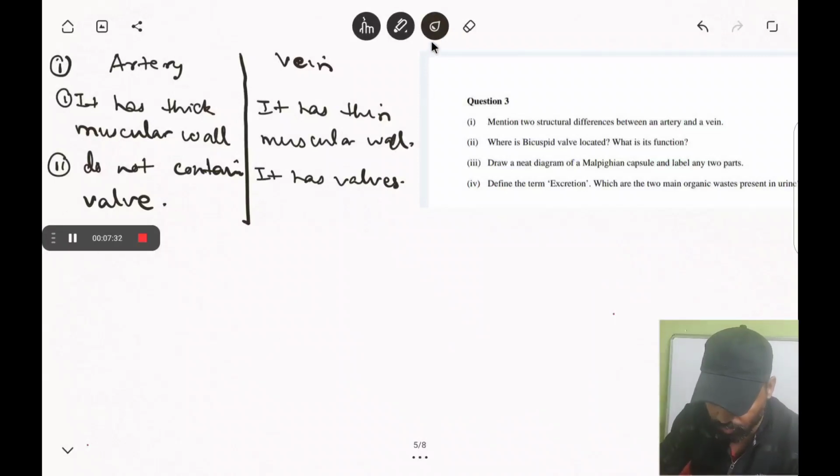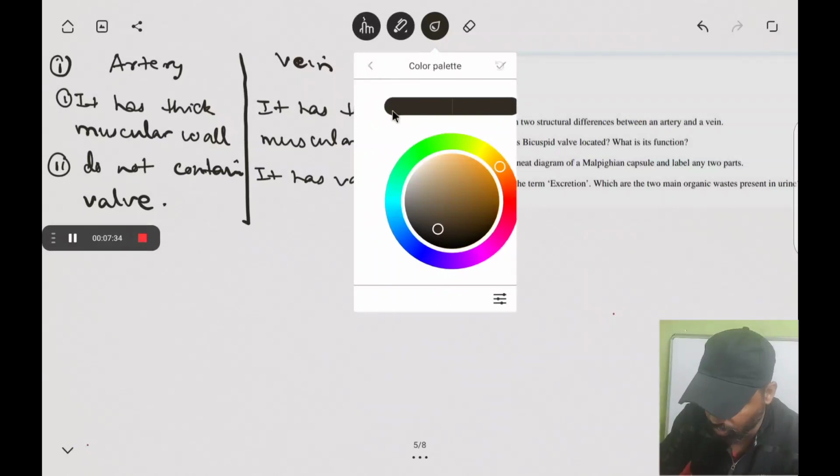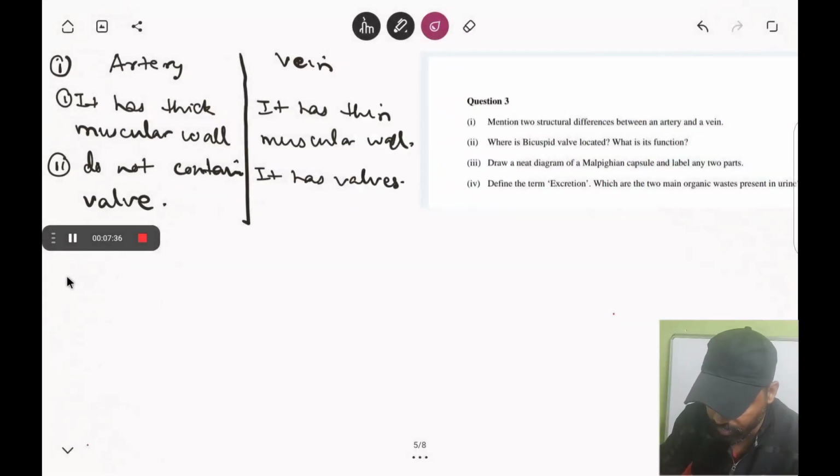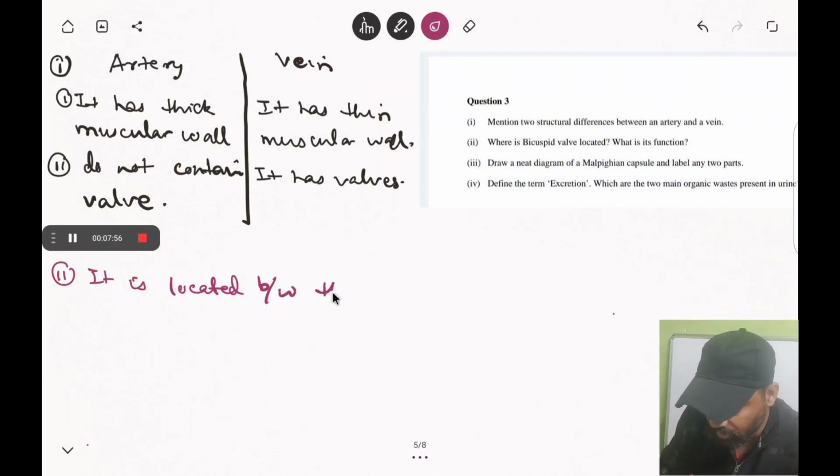This was 3 part 1. Now 3 part 2. Where is the bicuspid valve located and what is its function? Location first. It is located between the heart's left atrium and left ventricle.